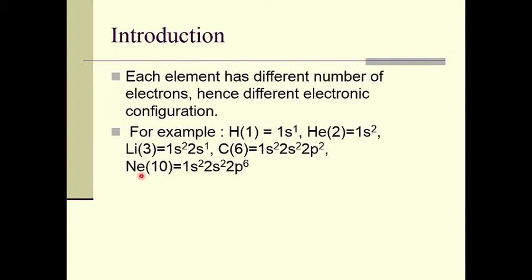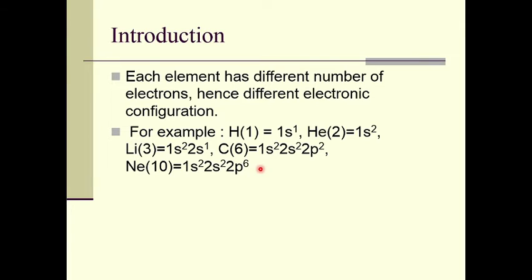Similarly, in the case of neon, what we have is the second shell. That second shell is represented by these 2, and it has the s and p orbitals. The total number of electrons in the second shell is 2 plus 6 equal to 8.